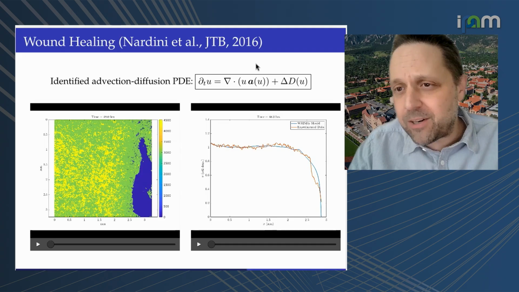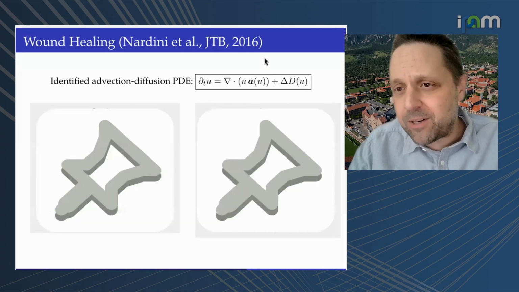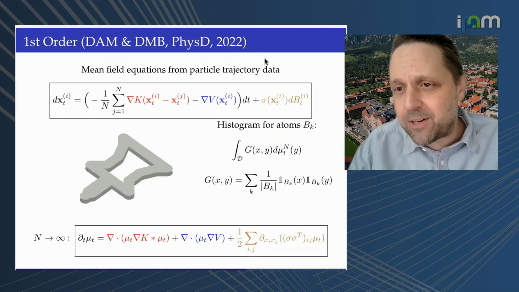Back then we could derive a PDE that is basically a nonlinear advection equation, and it was able to fit the data. But at the end of the day, it was not providing a lot of insight into any mechanisms that were going on, and it was very frustrating. So we said, okay, if we have the actual particle trajectories, maybe there's something we can do in terms of learning the rules that individual cells are obeying.